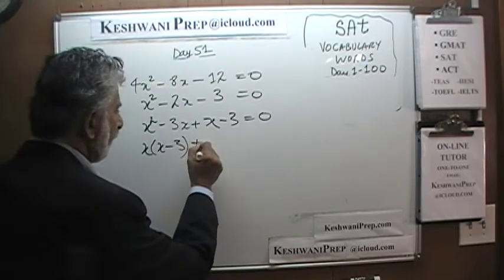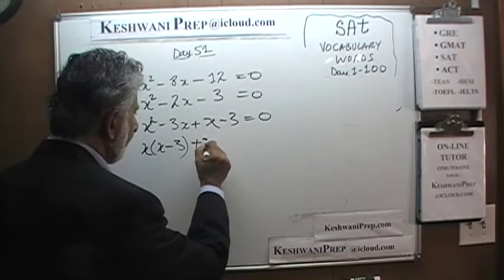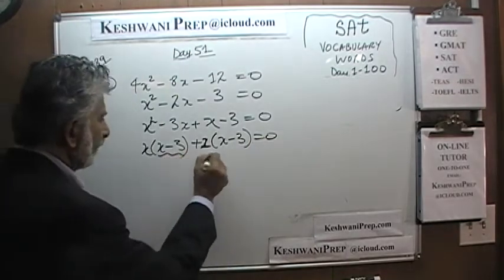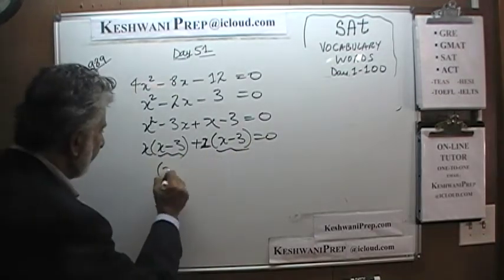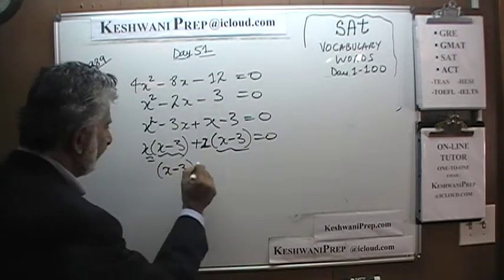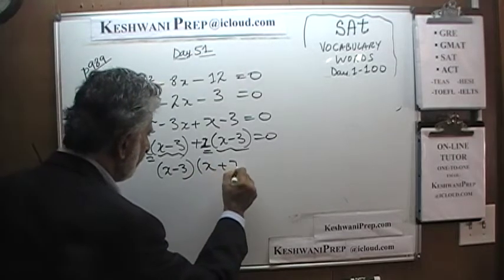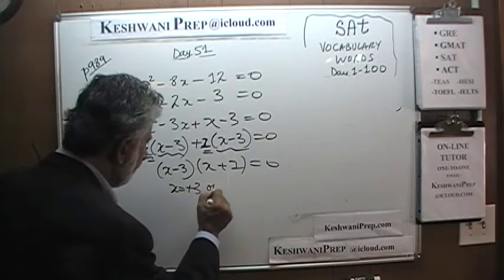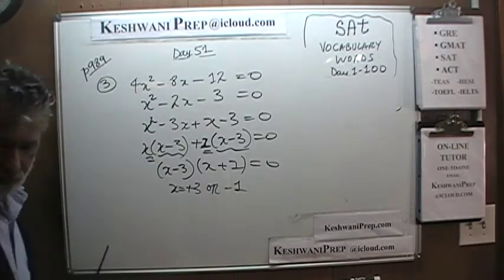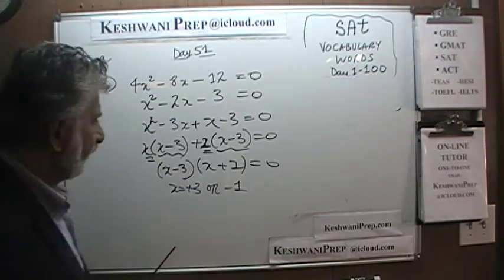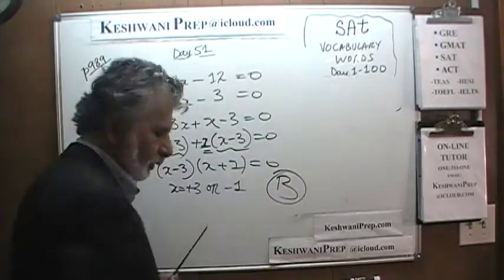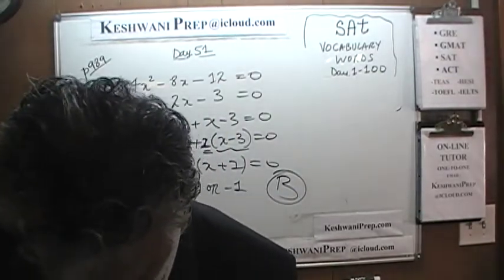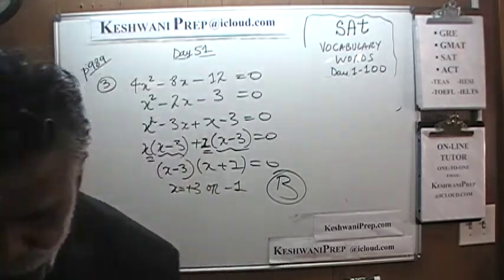From here we take a common factor of 1. Now we have x minus 3 as a common factor, and we are left with x plus 1, which means x is equal to either +3 or -1. A +3 or -1, and that's answer choice B.